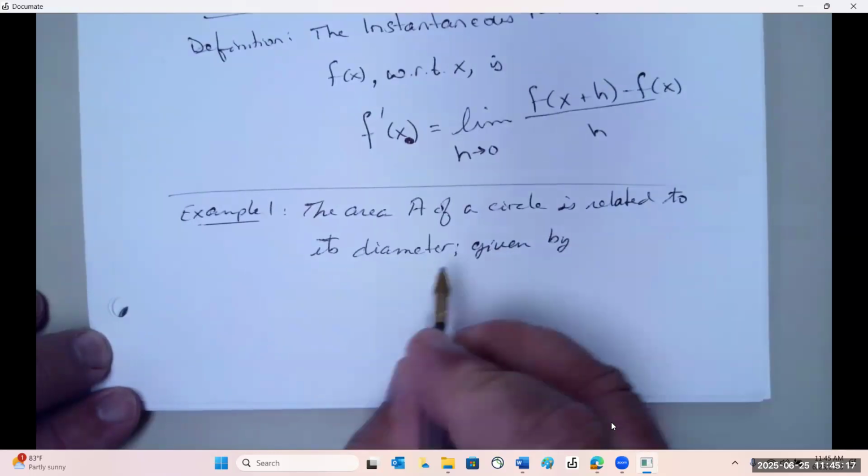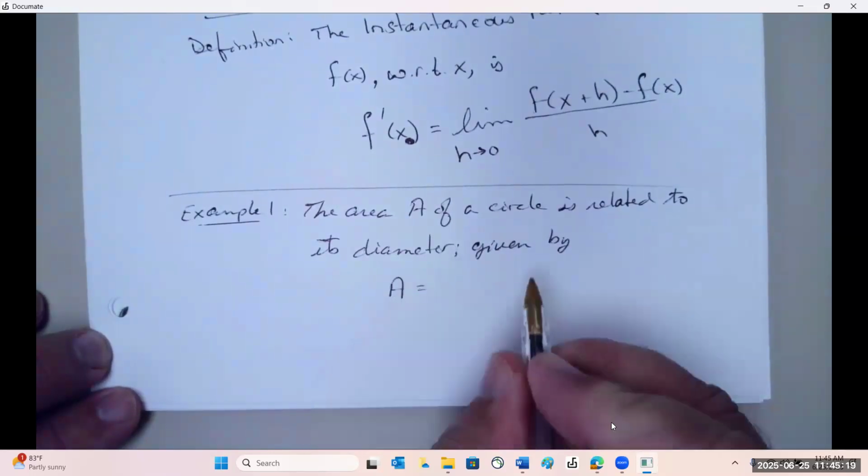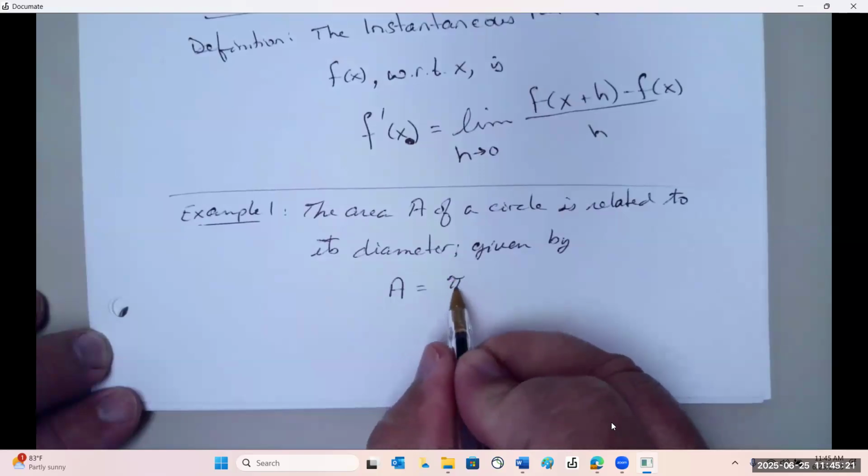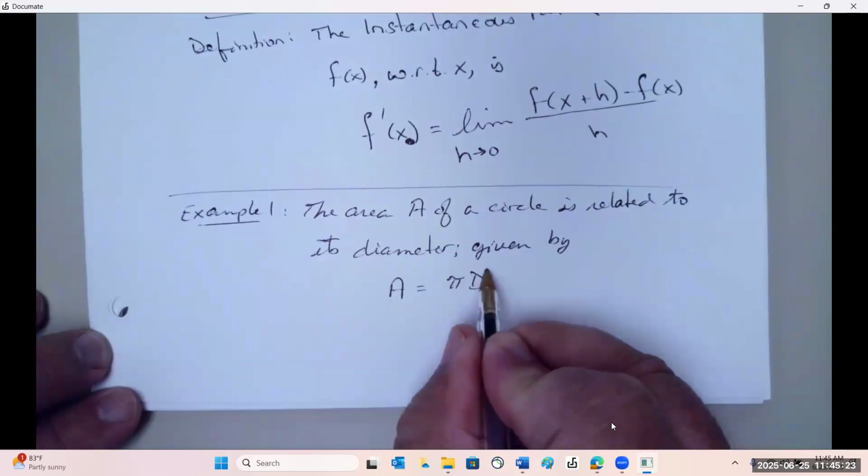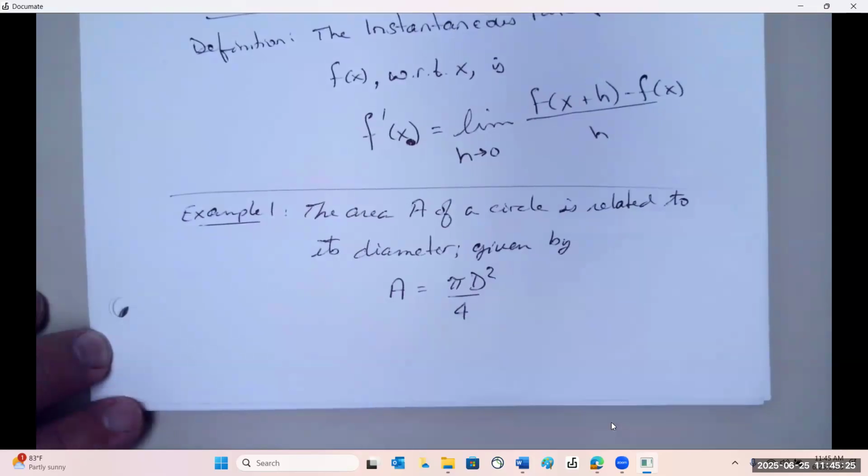Given by this equation: area equals pi diameter squared over 4.